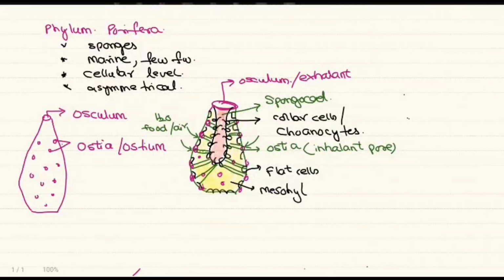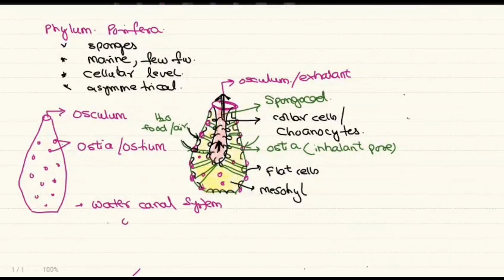So now follow. The air, water and food enters through the ostia. From there they enter into the spongocoel. The exchange occurs and the waste is removed through the osculum, right? Now this is called the water canal system. What is the water canal system made up of?